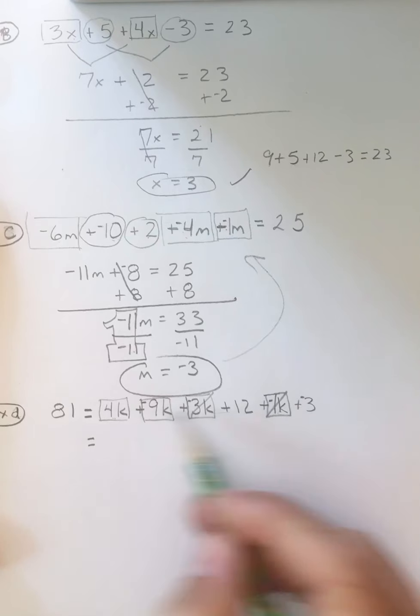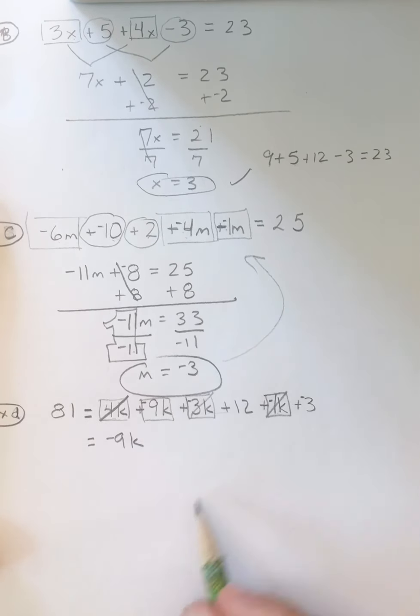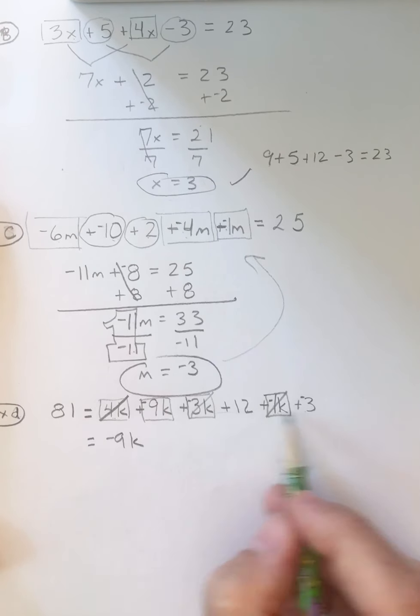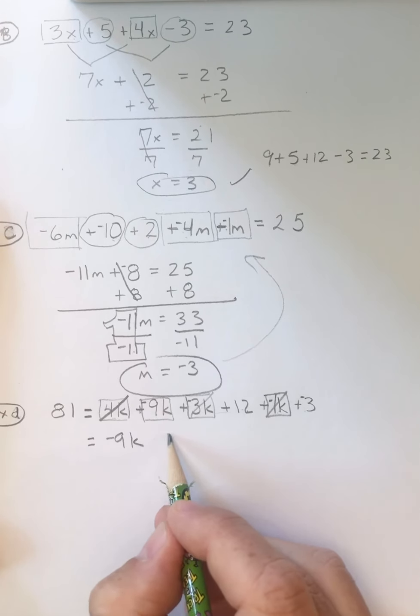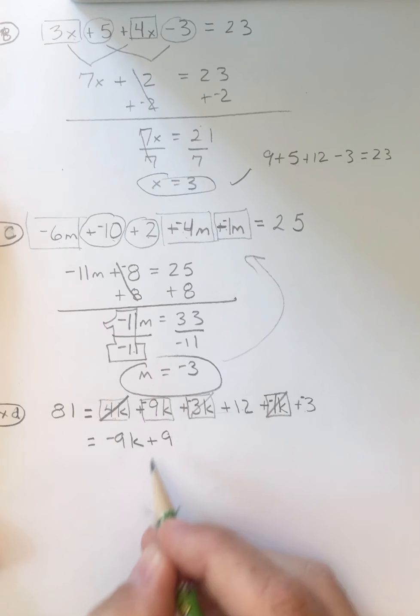So these all add up to 0k, and I'm left with negative 9k. I have 12 plus negative 3. They're opposite signs. When I add them, I have to subtract 12 minus 3, and I get 9. And I keep the sign of the larger, that's 12, so this is plus 9.